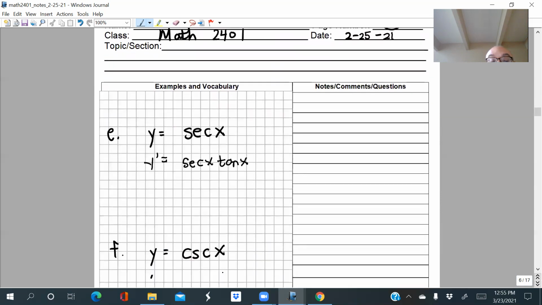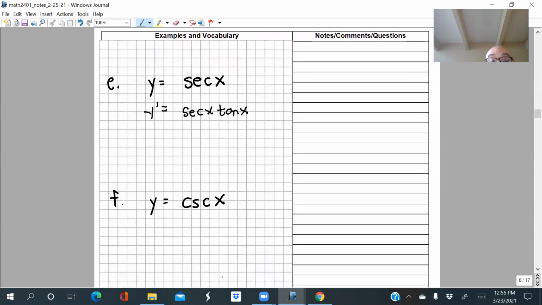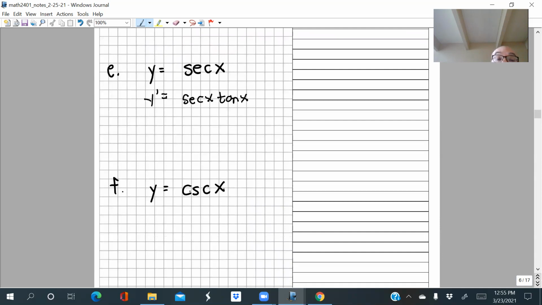And finally, the last basic trig function is cosecant, right? Well, you can imagine that derivative is going to look kind of like the secant. The derivative of the cosecant is minus cosecant cotangent. So it has a negative in it again.